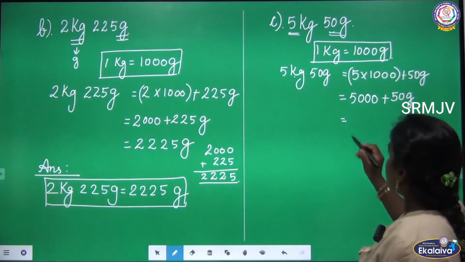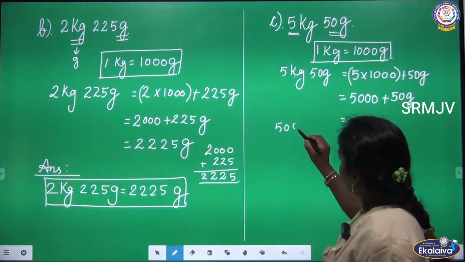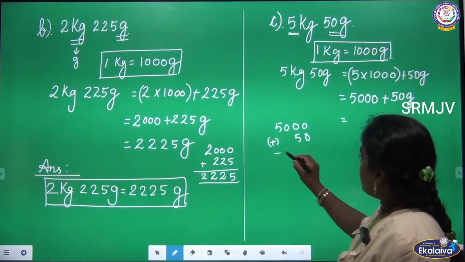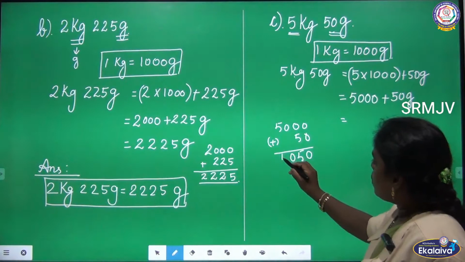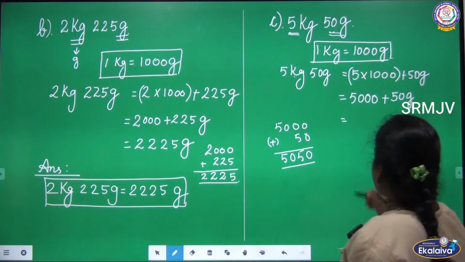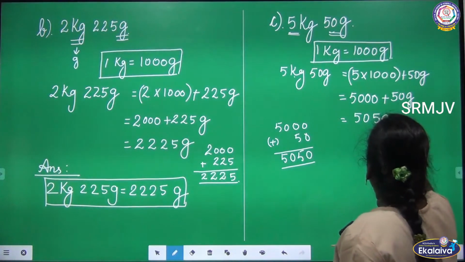So if you add the numbers 5000 and 50, add the numbers 0, 5, 0 and 5. So if you add these numbers, you will get the sum of 5050 gram.